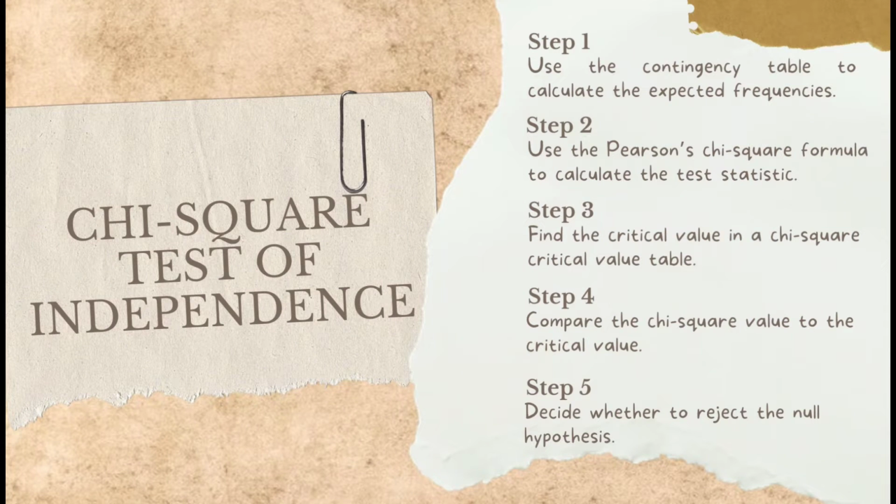So the next one is the chi-square test of independence. The first step is to use the contingency table to calculate the expected frequencies. Next is to use Pearson's chi-square formula to calculate the test statistic.